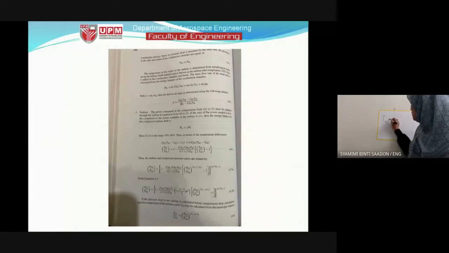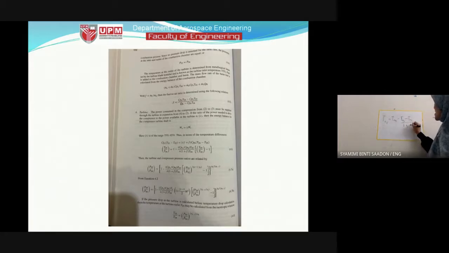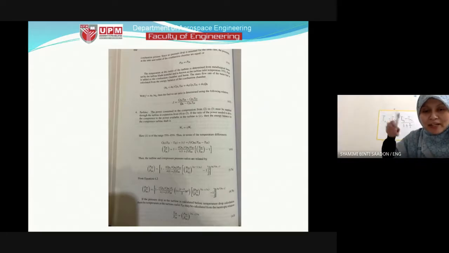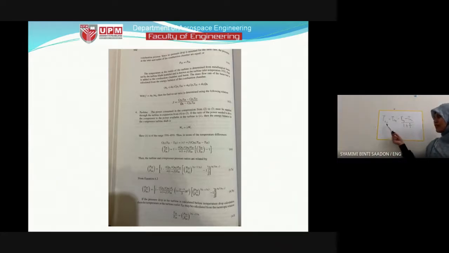So we have T total 5 equals T total 4 minus (T total 3 minus T total 2) over (1 plus F). I've eliminated the Cp, since Cp is on the left and right and is the same. Lambda is equal to 1.